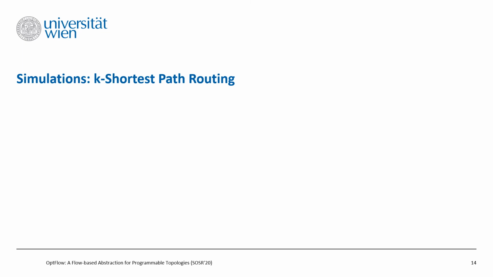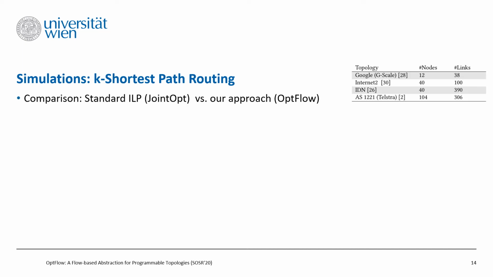Moreover, we also wanted to evaluate the performance on the runtime and on the throughput in larger experiments. So here, we compare the cross-layer optimization with the standard ILP and with our approach called OptFlow on some wide area network topologies.